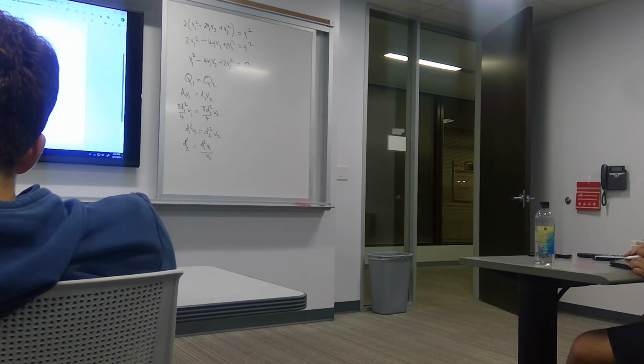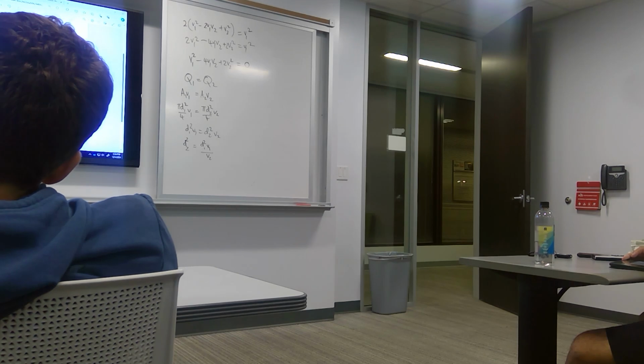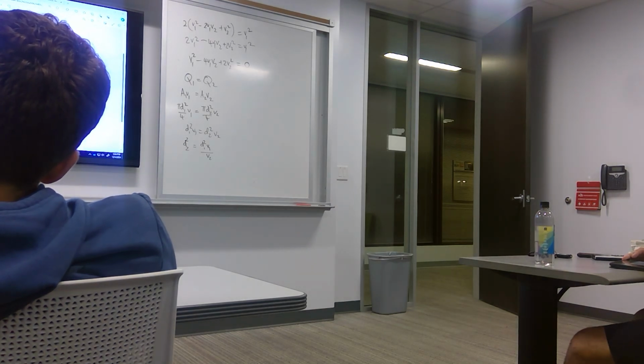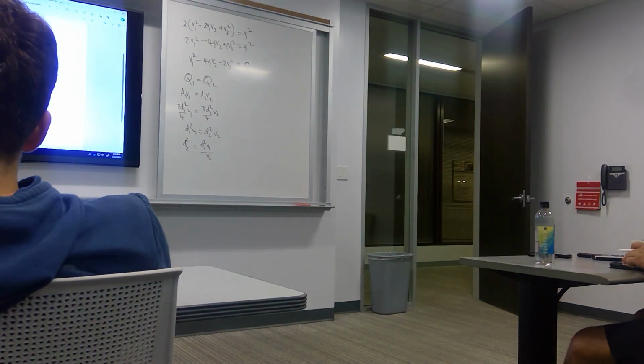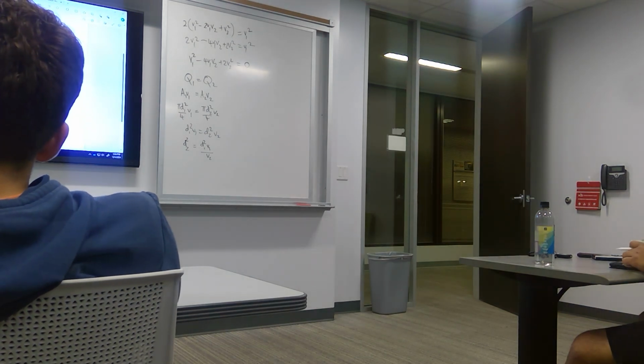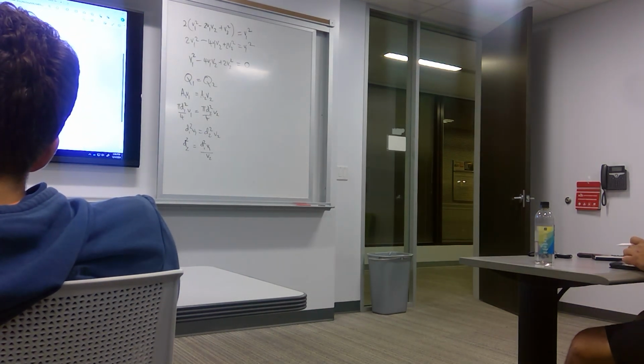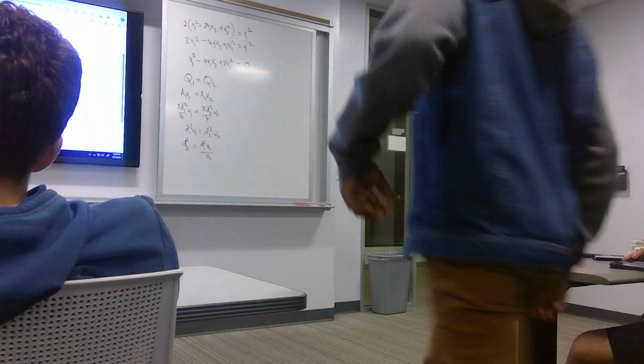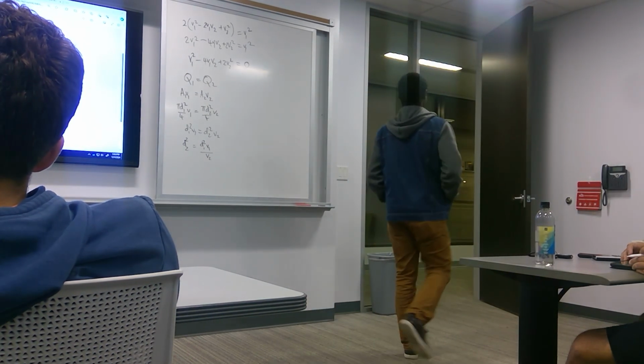So let's look at what we have, what they've given us. What's the head loss if we go from a small pipe to a large pipe? It's V1 minus V2 squared over 2g.